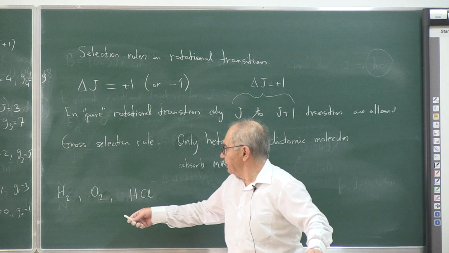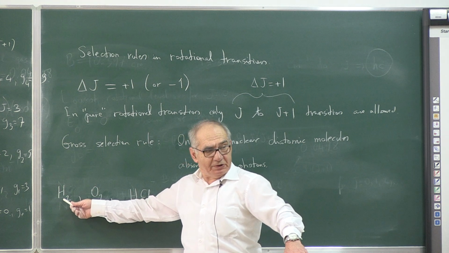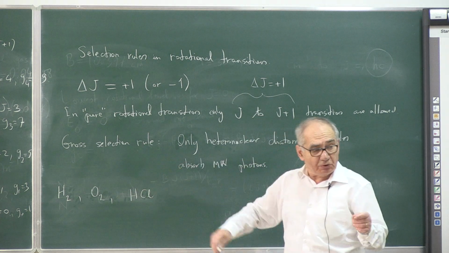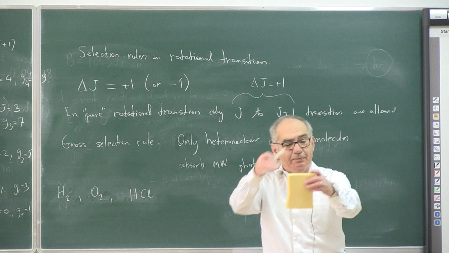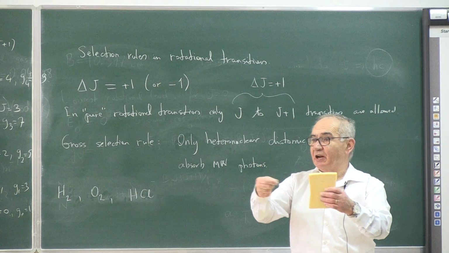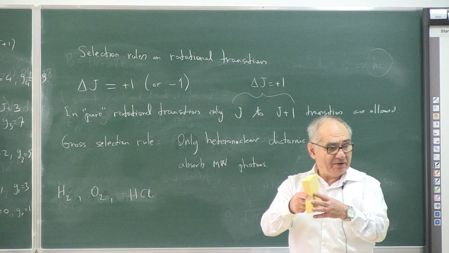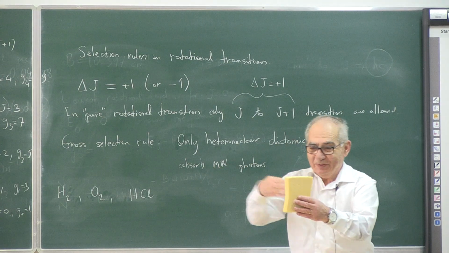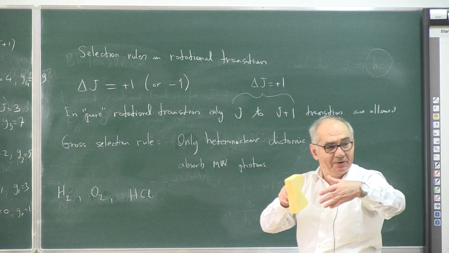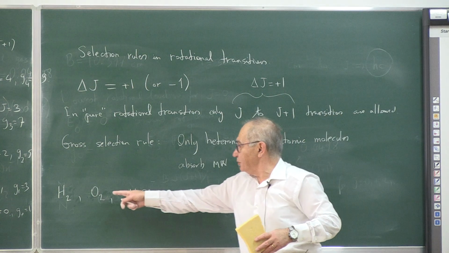Now, H2 is homonuclear. According to the gross selection rule, it means that if the sample contains hydrogen gas, it will not absorb microwave radiation. It will be transparent. Microwave radiation will go from this side and it will come out from the other side without being absorbed. Same is true for O2.